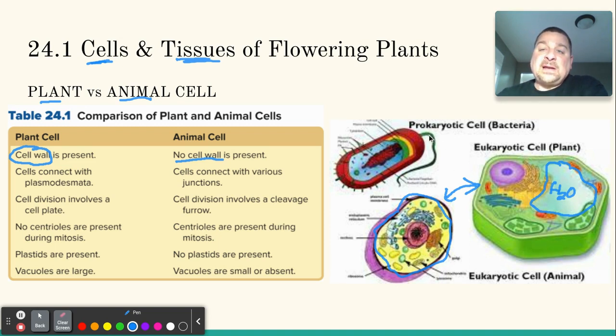And again, don't forget there are the prokaryotic cells, which do not have DNA in a nucleus or other organelles. Plant cells are eukaryotes. They do have their DNA in a nucleus, and they've got chloroplasts, mitochondria, endoplasmic reticulum, rough and smooth, Golgi apparatus, all that stuff we learned in the cell chapter as well.